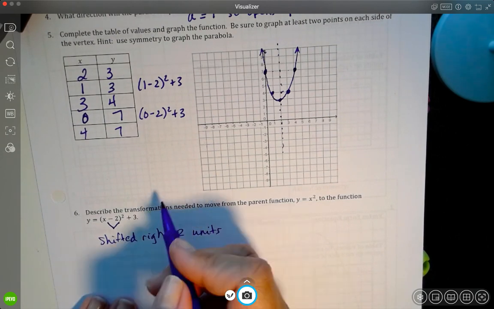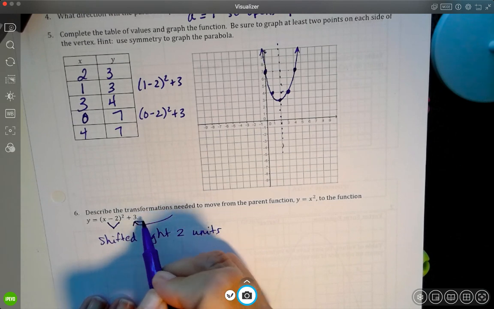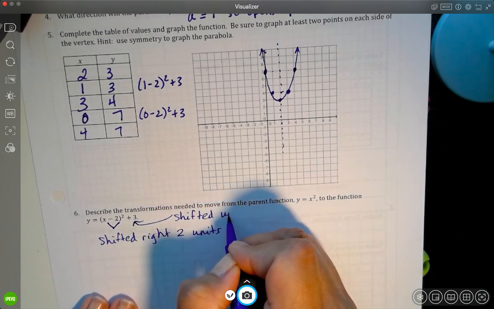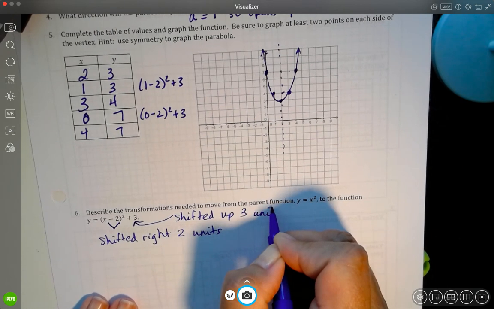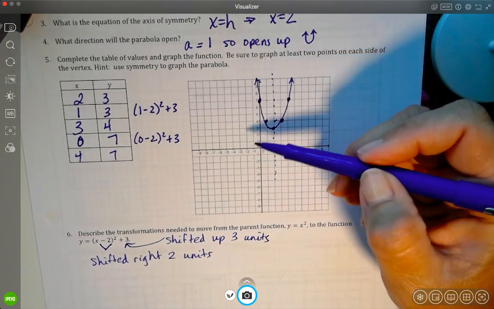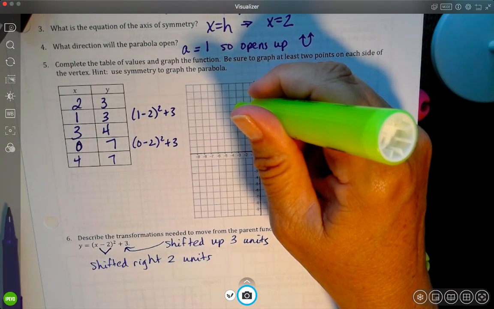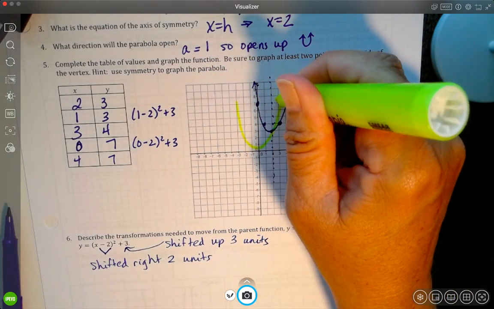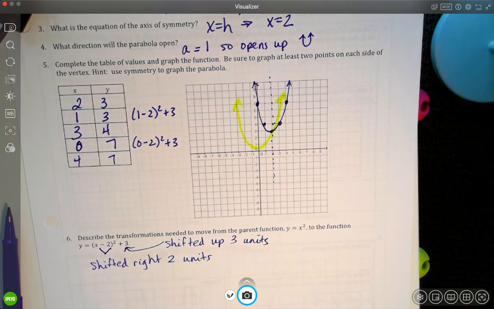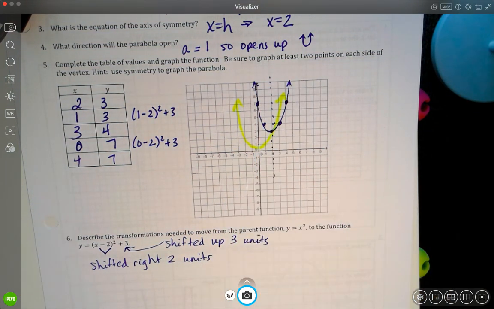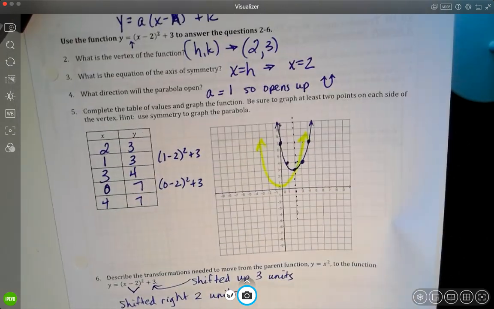And from this 3, it shifted up 3 units. So see, the parent graph would have been right here. The parent graph would have been something like this. But our new equation shifted it right 2 and upward. All right, let's practice a little bit more with this.